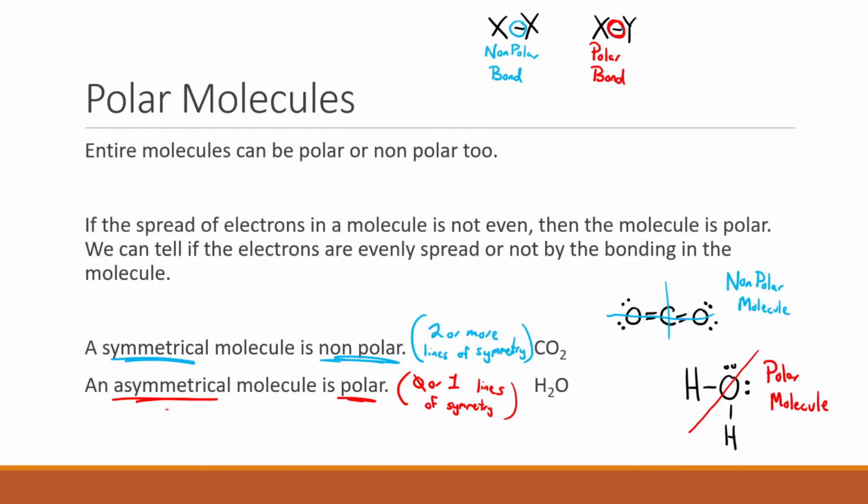All 6 of these are polar bonds, and that is fine. Having a nonpolar molecule does not mean you have nonpolar bonds. They are independent of each other. But overall, these electrons are spread out equally, even though within the bond itself, when you look at that zoomed in portion, these electrons are not shared equally.